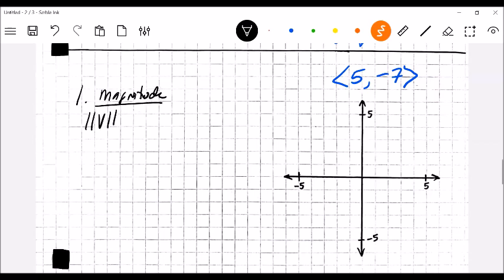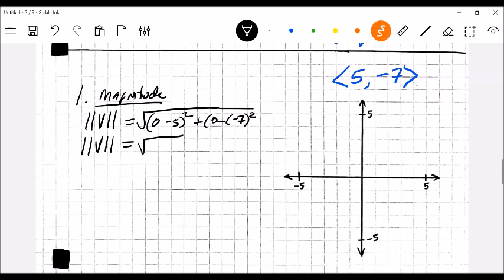All right, magnitude. So magnitude is going to be equal to the absolute value of 0 minus 5 squared plus 0 minus negative 7 squared. That means that the magnitude, negative 5 squared is 25, positive 7 squared is 49.